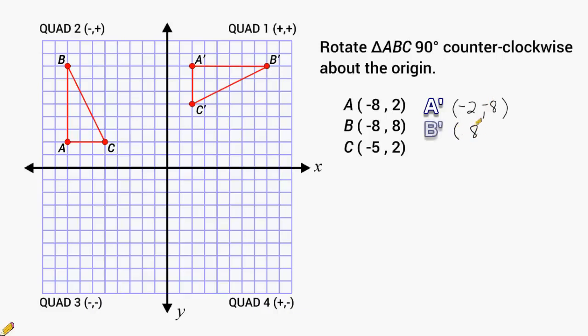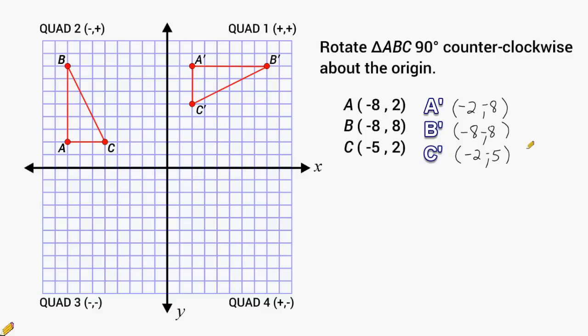And with point B, both of the absolute values were 8, so we just write 2 8s, but we have to make them both negative. And the original location of point C was -5 and +2, so we just go ahead and switch those two numbers and make sure that they are both negative because they are in quadrant number 3.